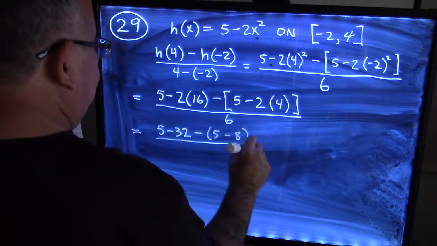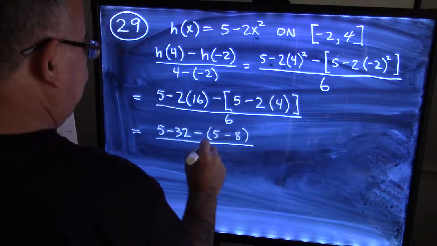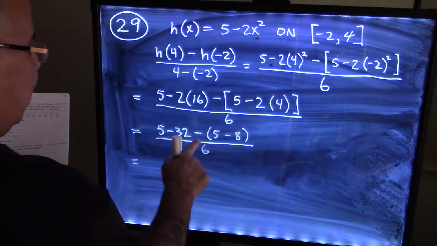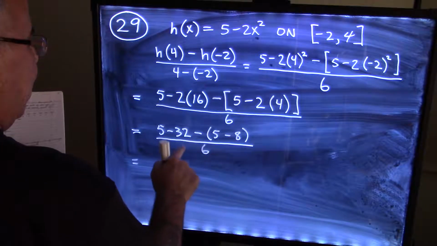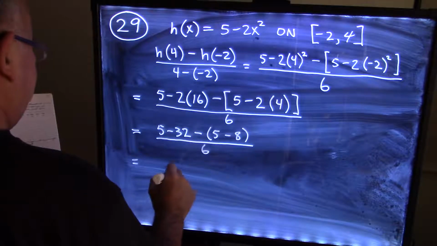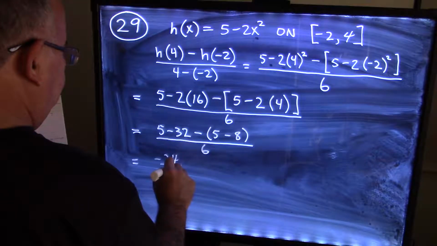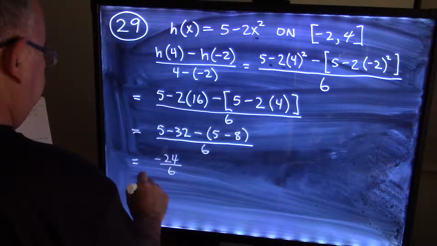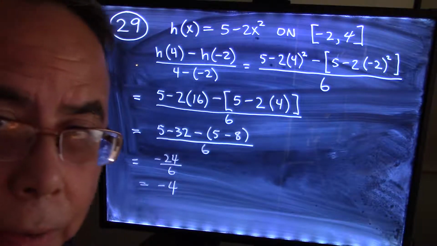So don't leave those off because you're going to subtract those two terms, and that's over 6. So 5 minus 32, and then minus 5 plus 8. The minus in front here makes that a plus. 5 minus 32 minus 5 plus 8 equals negative 24 over 6, and negative 24 over 6 is negative 4. So there you go.